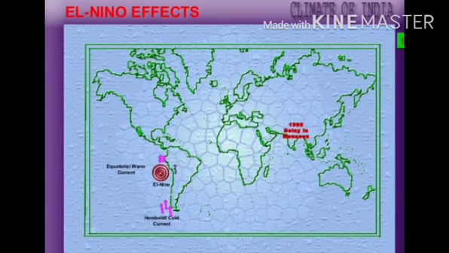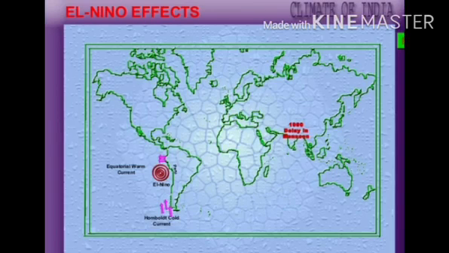El Nino effect. El Nino refers to the irregular warming of surface water in the Pacific Ocean. The warmer water pumps energy and moisture into the atmosphere, altering global wind and rainfall patterns. El Nino affects wind and rainfall patterns and has been blamed for droughts and floods in countries around the Pacific Rim.